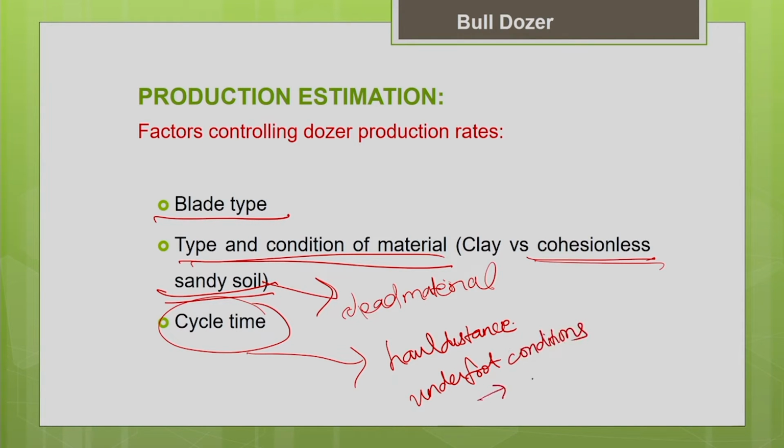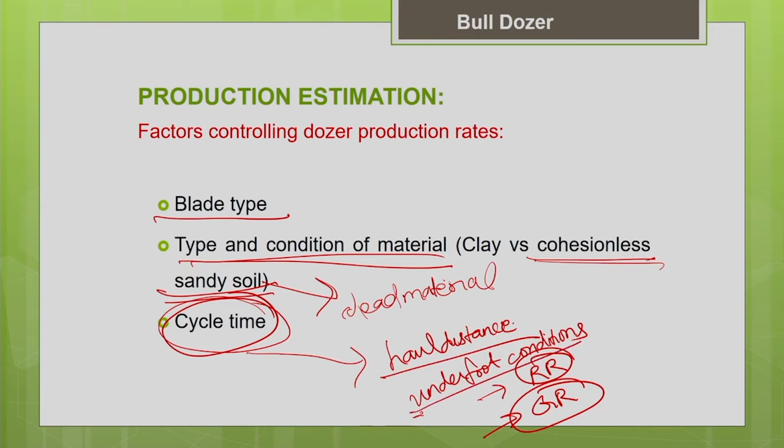What is the rolling resistance, what is the grade resistance prevailing there, whether you are moving up the slope or down the slope, all these things will affect the cycle time. The resistances which the vehicle is going to encounter affect the speed of the machine, and that is going to affect your cycle time.